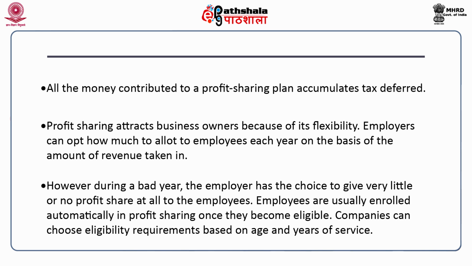However, during a bad year, the employer has the choice to give very little or no profit share at all to the employees. Employees are usually enrolled automatically in profit sharing once they become eligible. Companies can choose eligibility requirements based on age and years of service.